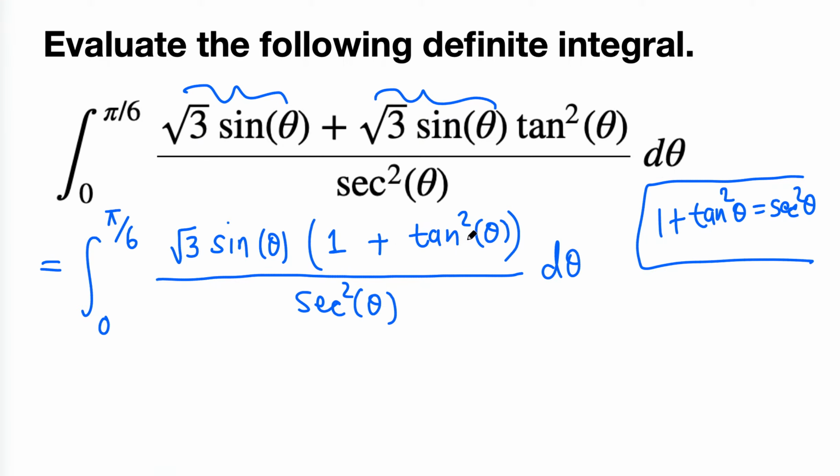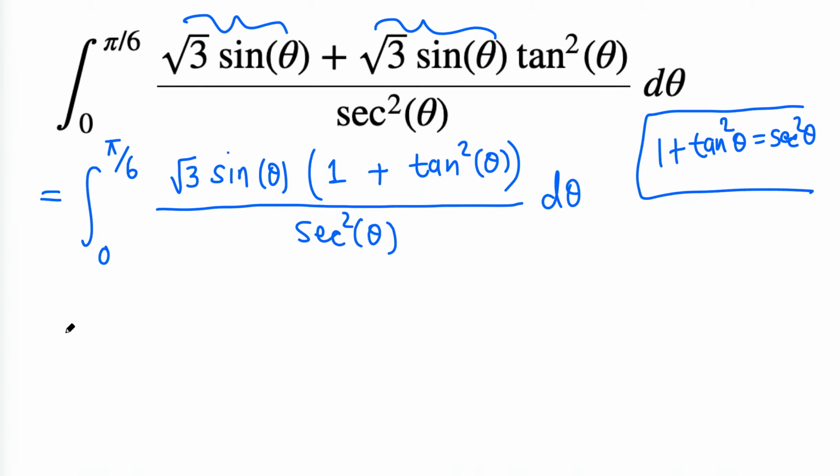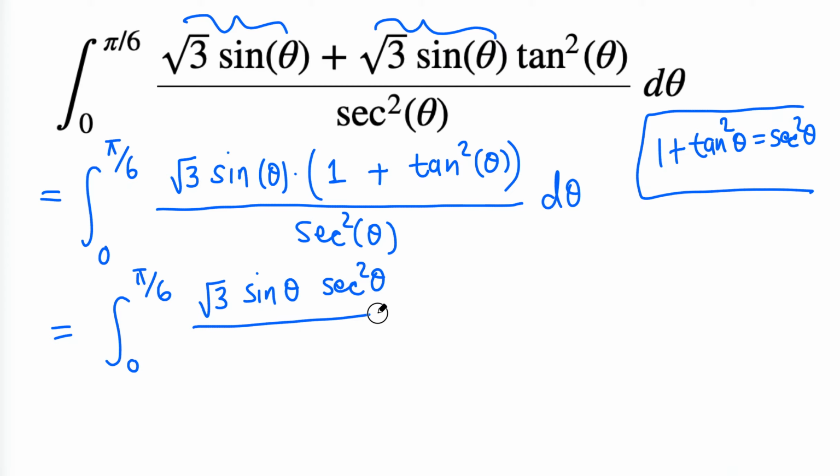So that makes the integral from 0 to pi over 6 of root 3 sine theta times, I don't have to write parentheses, so I'm dropping that, 1 plus tangent square is secant square, all over secant square theta on the bottom, d theta.